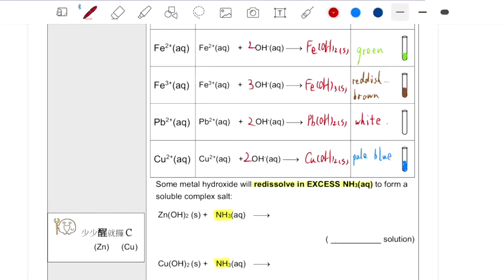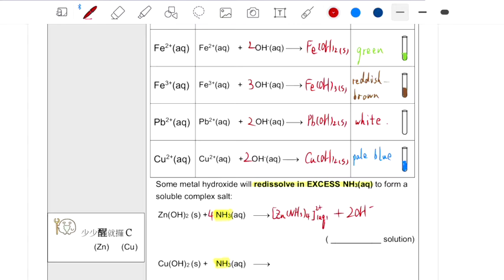Okay, so for the first special case, we got zinc hydroxide. It will form a soluble complex ion which has this formula. It would combine with 4 ammonia molecules. Because the ammonia molecule itself is neutral, and we have the zinc ion which carries 2 plus charge, overall the complex ion will carry 2 plus charge, and then it will release the hydroxide ion. Remember, your equation must always be balanced.